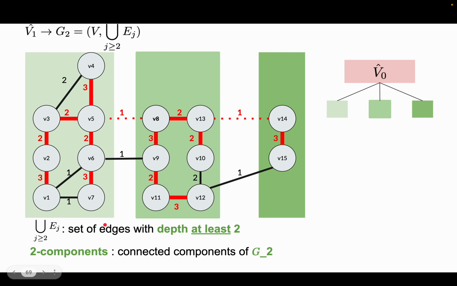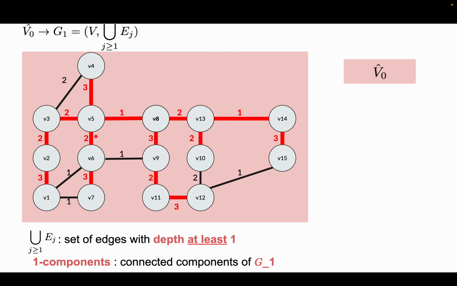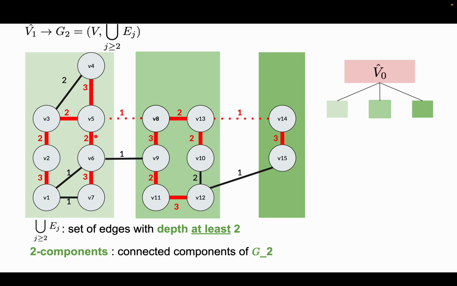Okay, next. So what is V1? V1 is all the connected components in G2. So G2 is vertices plus the edges with at least depth 2. If we compare these two slides, we can see that since edge depth 1 is smaller than 2, it cannot be included in the connected component.